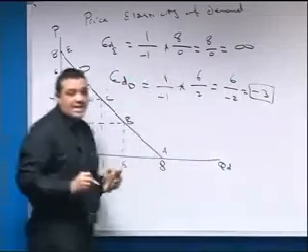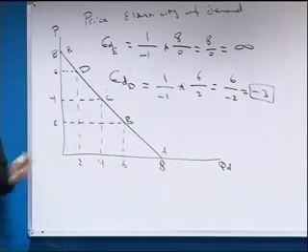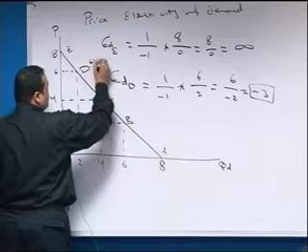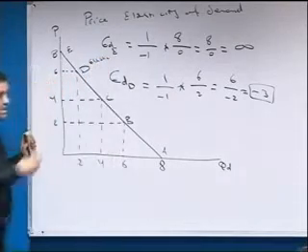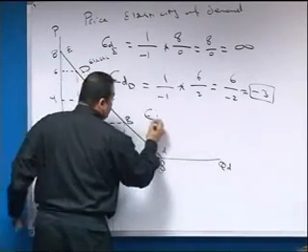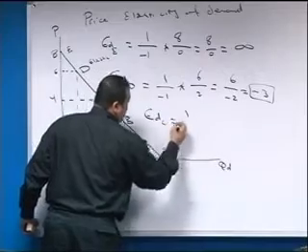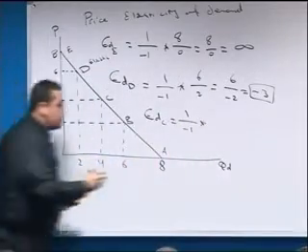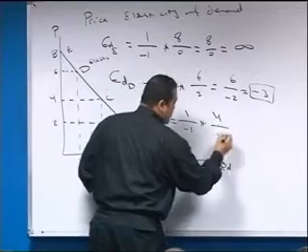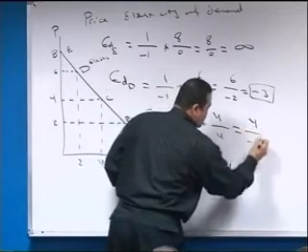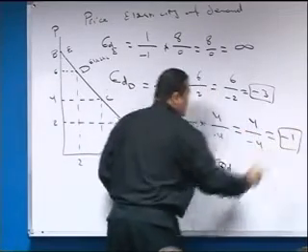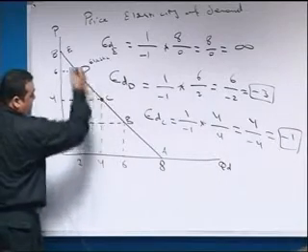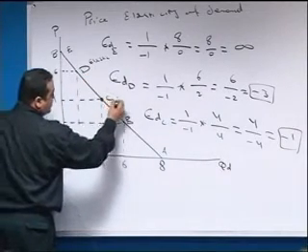The demand is elastic at point D. At point C, ED equals 1 over minus 1 times 4 over 4, which is 4 over minus 4, equals minus 1. It's unitary elastic. So at the midpoint of the demand curve, it is unitary elastic.